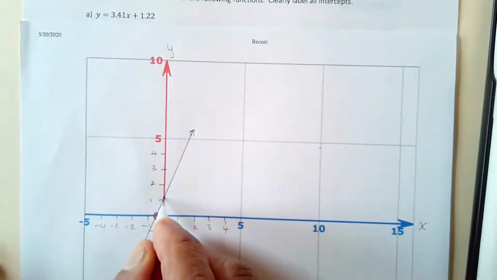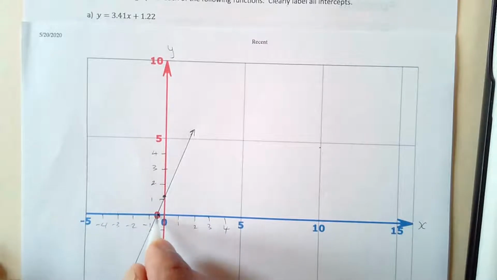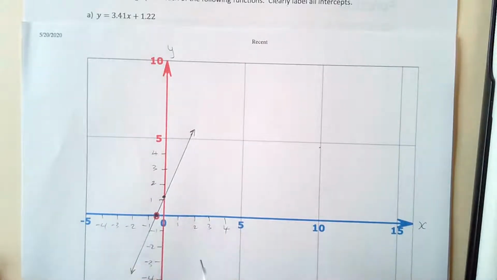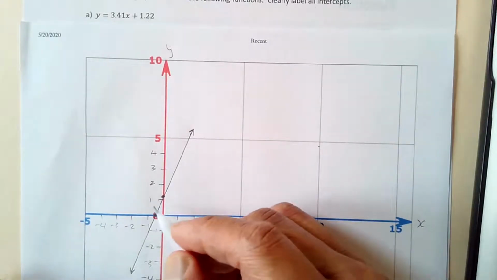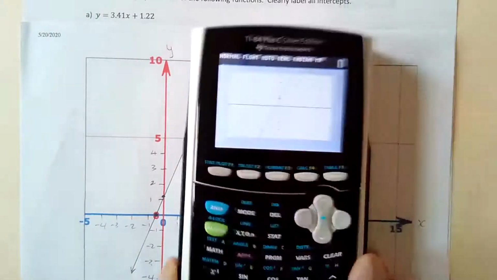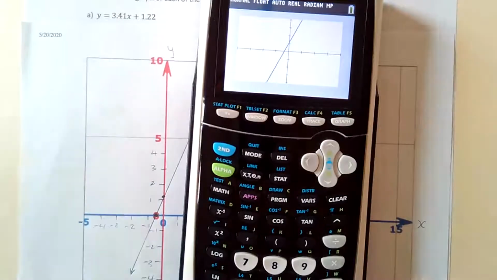So this is the first intercept here, and this one here. We need to put the value where it crosses the y-axis in this case here, and the x-axis. Now here on your graphing calculator, zoom out.